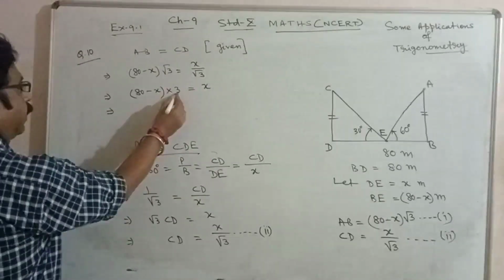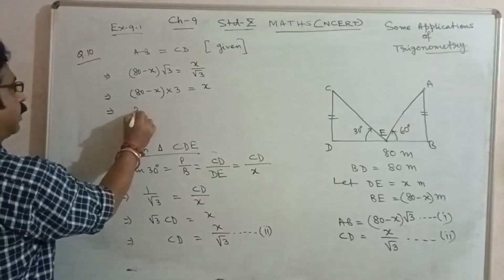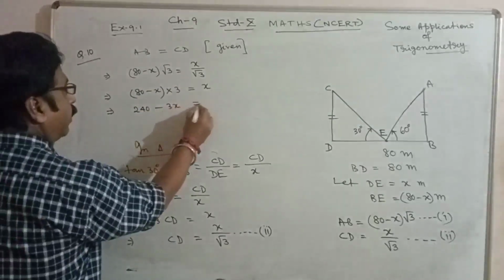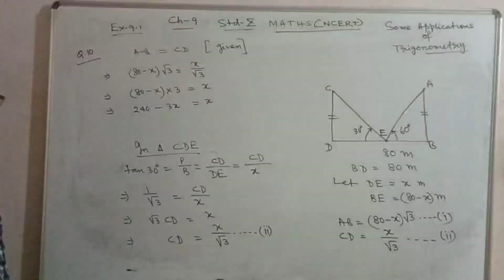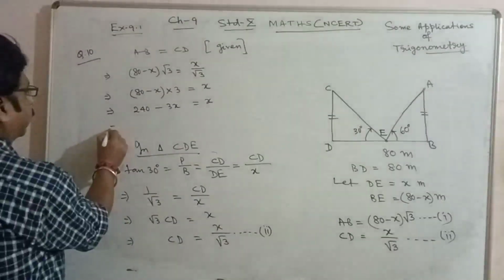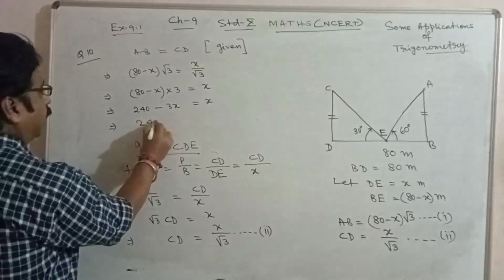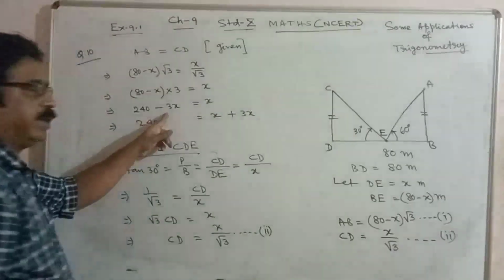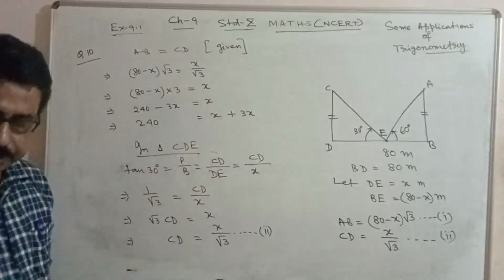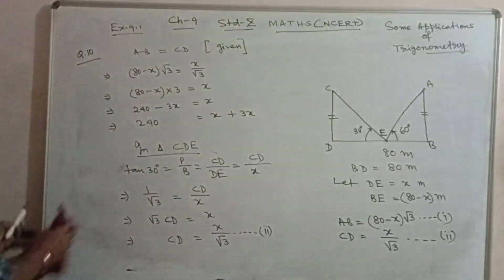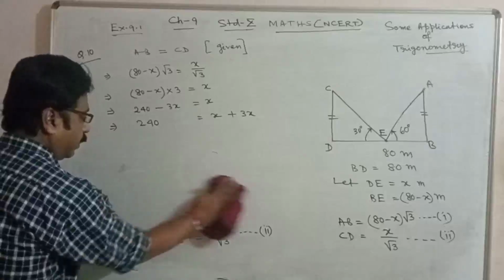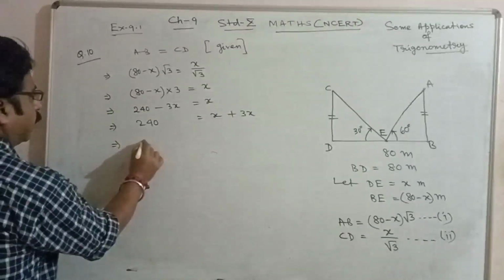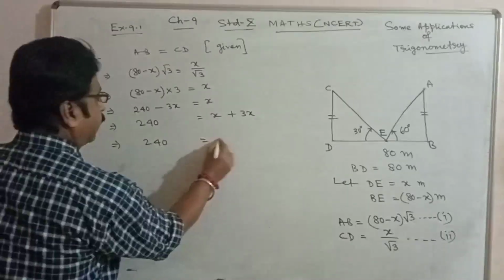Then 3 into 80 means 240 minus 3x equals to x. 240 equals to x plus 3x, minus 3x is going from left side to right side. 240 equals to 4x.